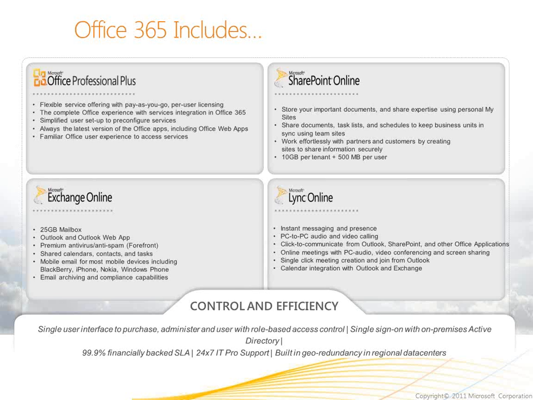The idea then is the SharePoint, Exchange, and Lync servers are all online and run by Microsoft, and then the user can still use their traditional Office Pro Plus. The only difference of this version of Office is it's licensed differently. You don't actually enter the traditional product keys that you normally enter.